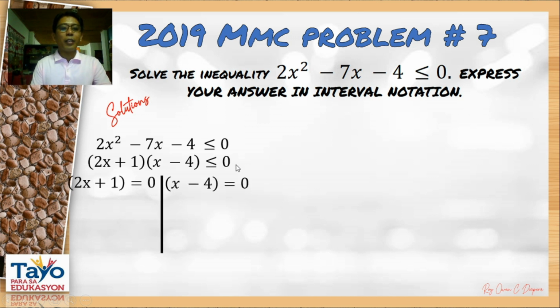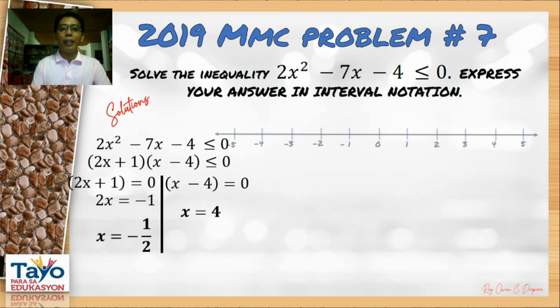So we equate the two factors to 0, transposing 1 to the other side of the equation, positive 1 becomes negative 1. Dividing both sides of this equation by 2, it gives us x is equal to negative 1 half. And on the other side, we transpose negative 4 to the other side, negative 4 becomes positive 4.